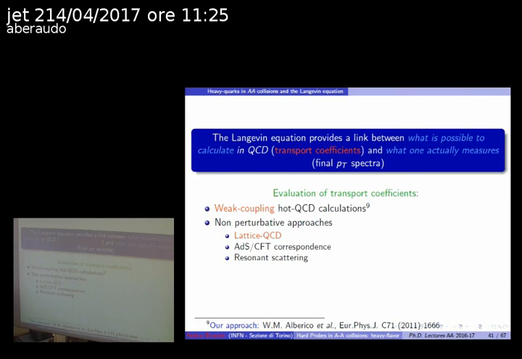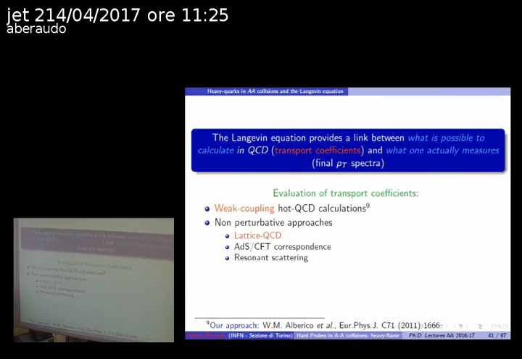In the literature, people follow several strategies: either perform a weak coupling calculation in hot QCD, or try to extract the information from lattice simulations, or use the AdS/CFT correspondence, or make some other assumptions, like that momentum exchange in the medium comes from some resonant scattering mediated by some meson-like resonance present in the medium.